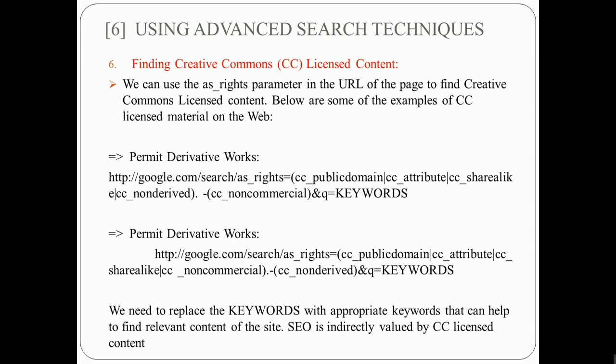These CC license materials will give you details of different keywords like as_rights equal to cc_publicdomain, cc_attribute, cc_sharealike, cc_noderivs. Here you can see cc_commercial, and here you have specified removing the cc_noderivs. Here he specified the commercial, and q equals keywords.